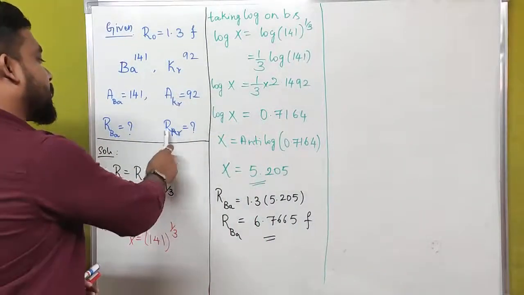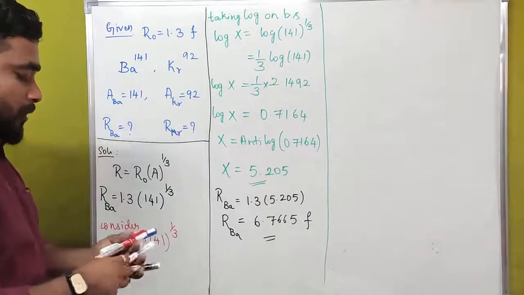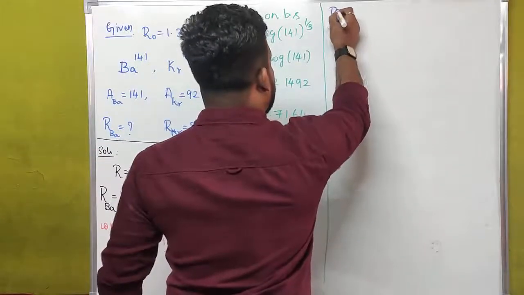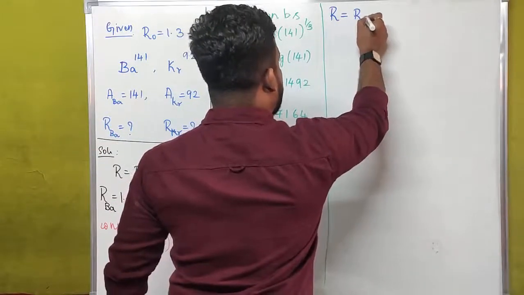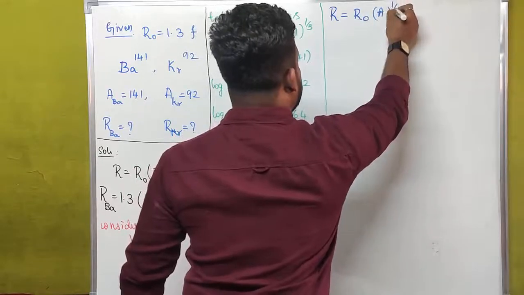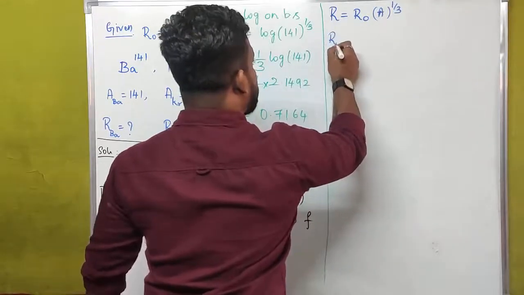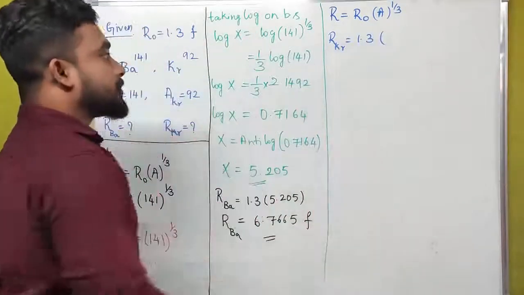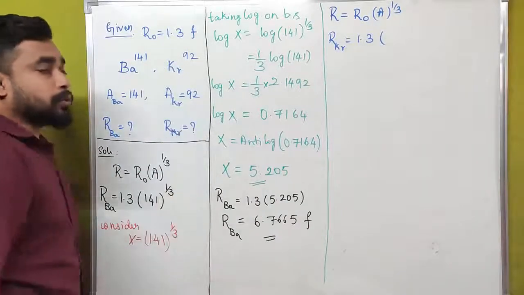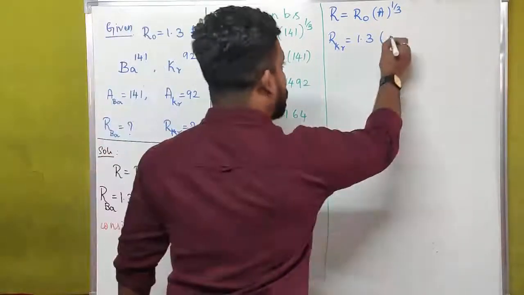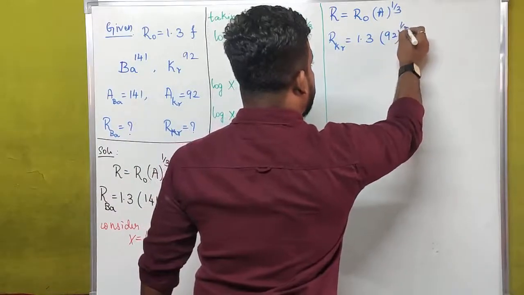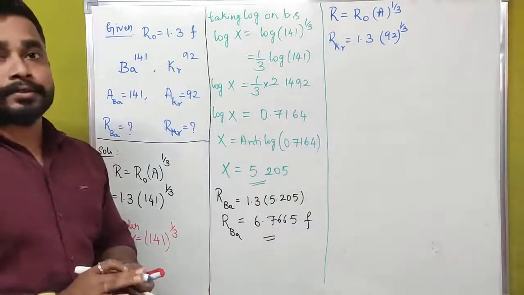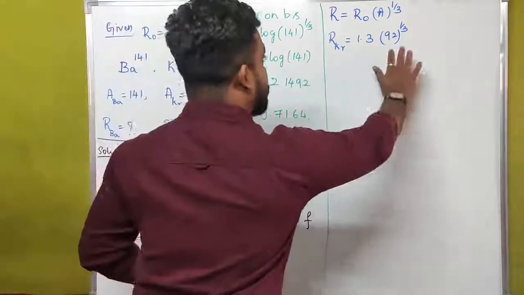Now what we have to calculate is the radius of krypton. Radius of krypton is equal to how much? That is, R is equal to R naught into A to the power of 1 divided by 3. Here R is the radius of krypton, R naught is 1.3, and what is the mass number of krypton? That is 92. So 92 to the power of 1 divided by 3. If we follow the same procedure as we did to calculate the radius of barium, we will get the radius of krypton.